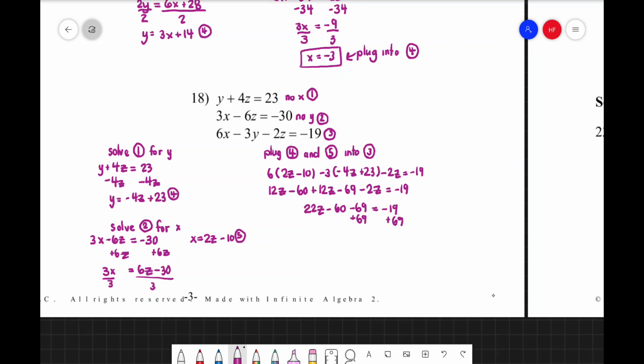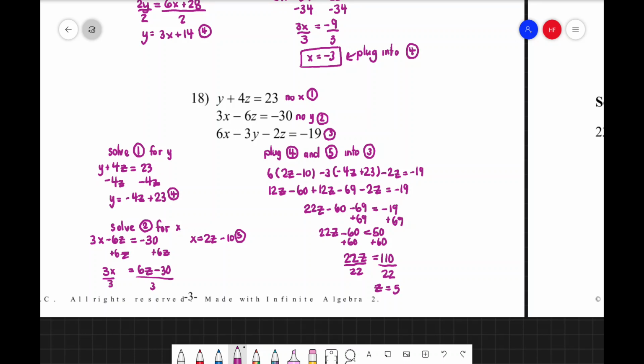And I could combine the 60 and the 69, but I know negative 19 plus 69 is 50. So that's just how my brain did it since I'm not using a calculator. And then I'll add 60 to both sides. So 22z equals 110. Divide out that 22. And we get that z equals 5.